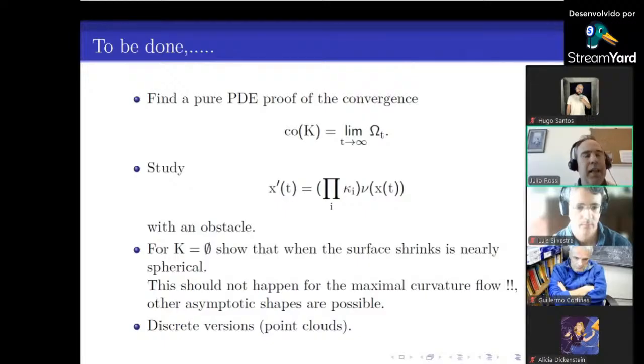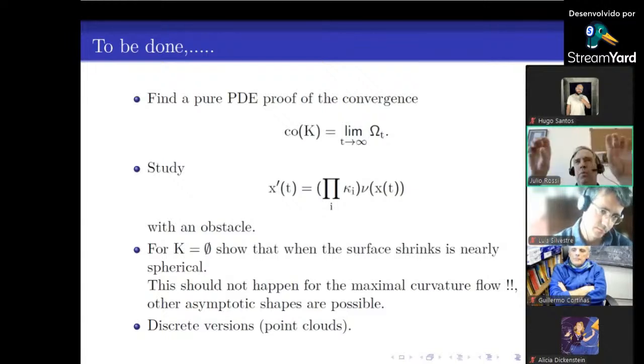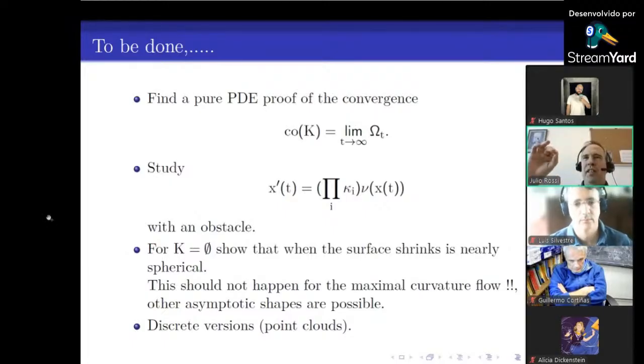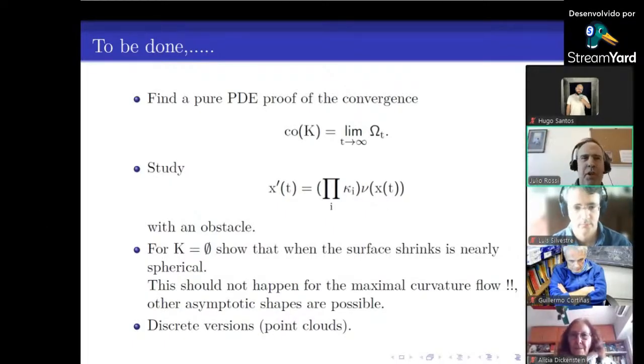But the key point here is that for minimal curvature you want to prove this, but for maximal curvature this is not going to happen in general, because you can build examples, for example, a tube with two small half balls at the ends of the tube. This is going to be self-similar, and it's going to collapse not to a point, but to a segment. And for the flow by maximal curvature, I think that we can build examples of surfaces that collapse into curves, not only into segments or points.